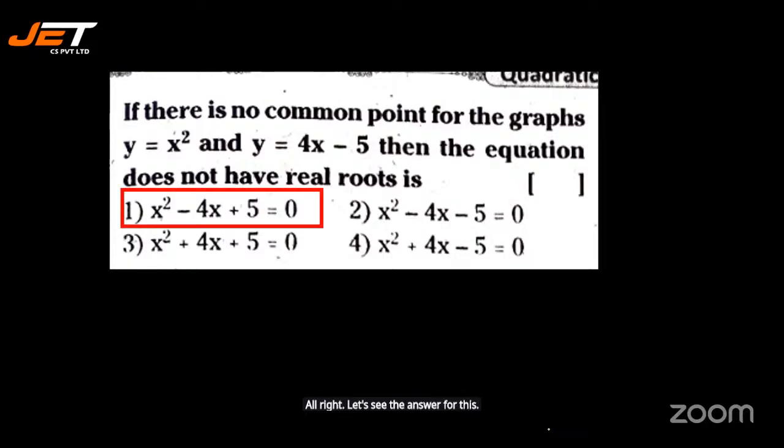It is the first option, that is x square minus 4x plus 5 is equal to 0. Right?